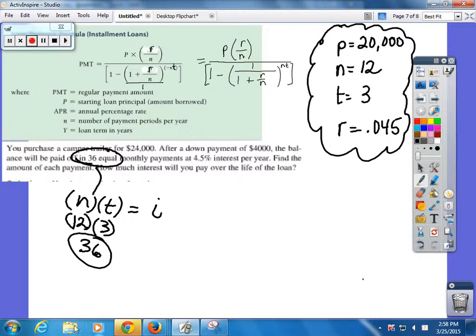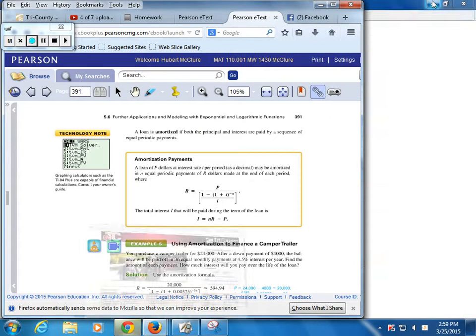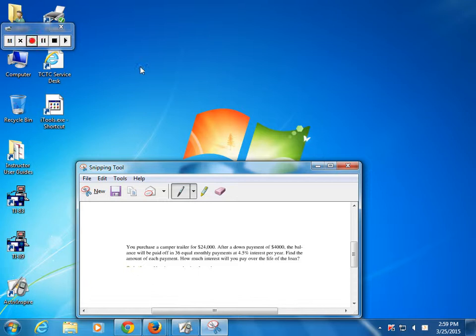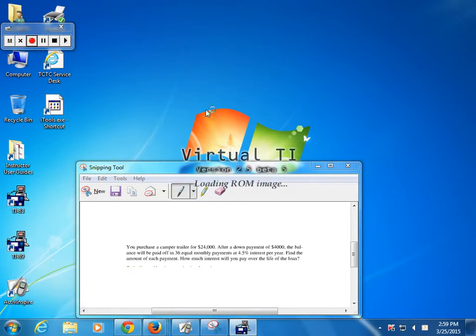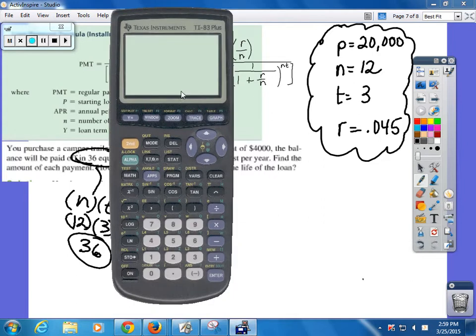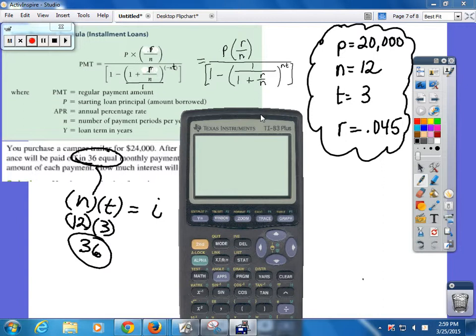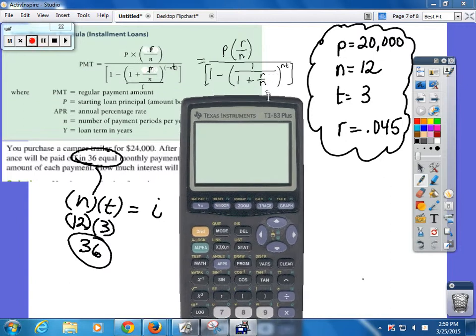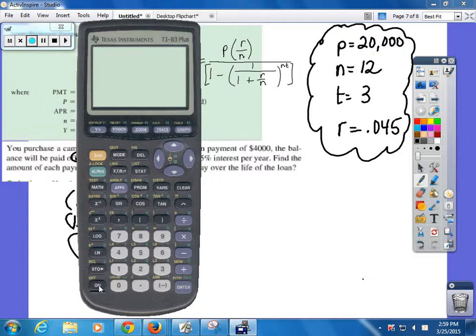So you take your handy dandy calculator. I'm going to start with this R over N right here. So what's R over N? Well, 0.045 divided by 12, and that's equal to that number right there. I'm going to add it to 1.